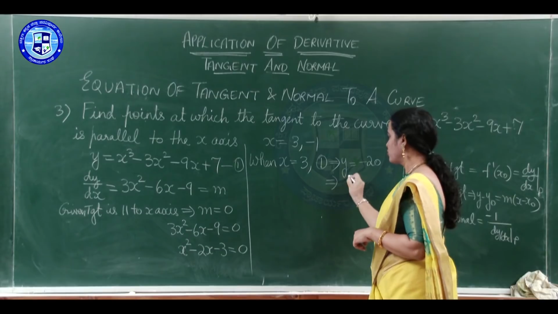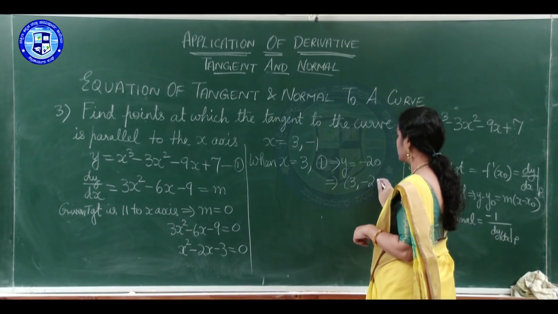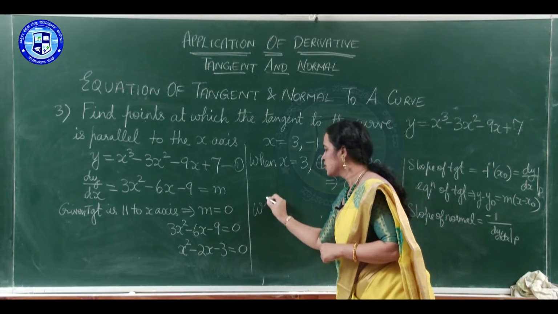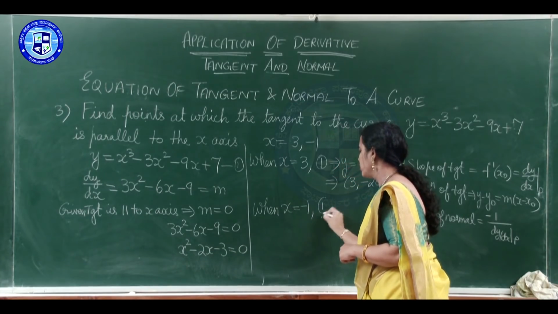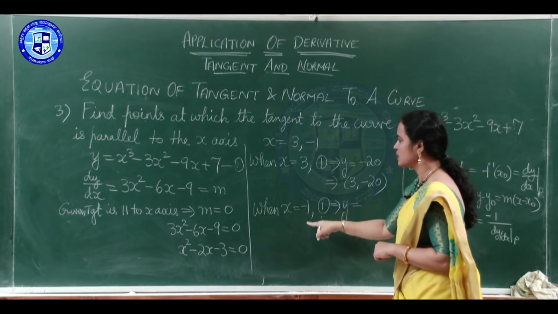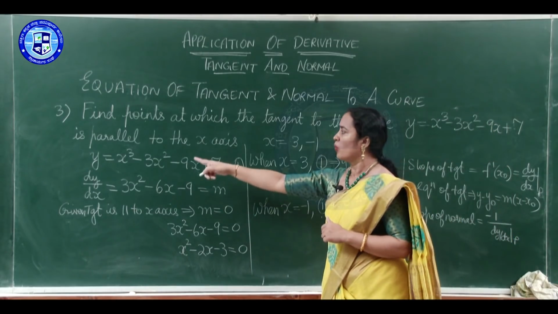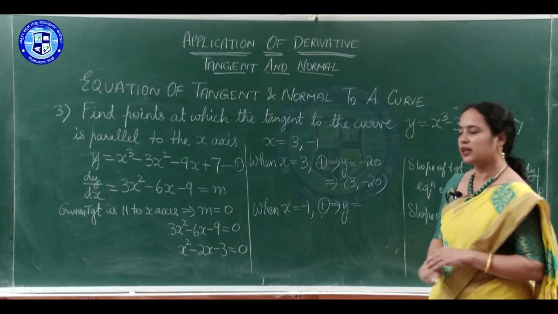Therefore, one of the point will be 3 comma minus 20. You have one more x value. So, substitute that in the given equation. So, when x is equal to minus 1, then substitute x as minus 1 in the first equation, you will be getting minus 1 minus 3 plus 9 plus 7, which will give you 12.